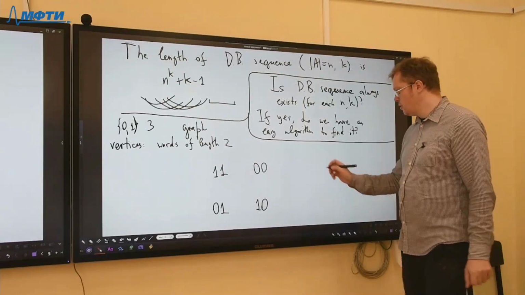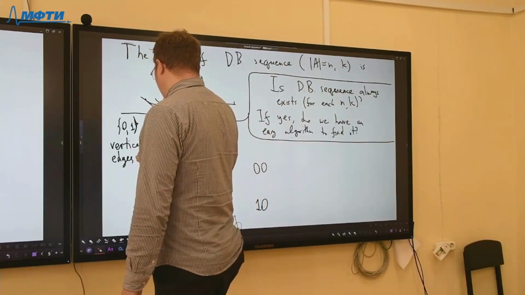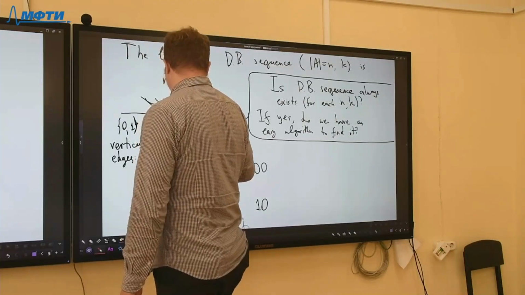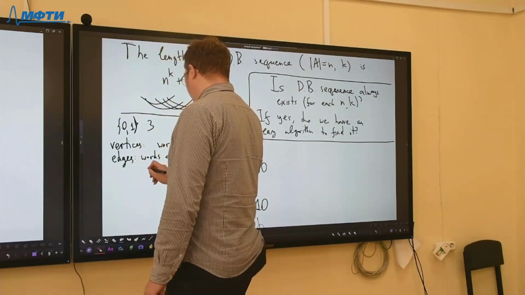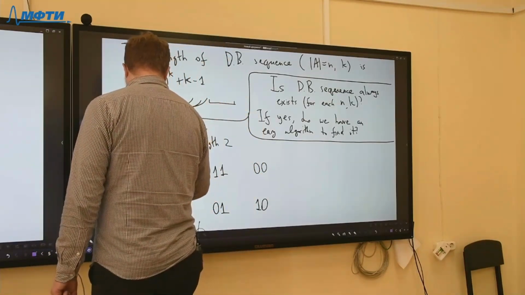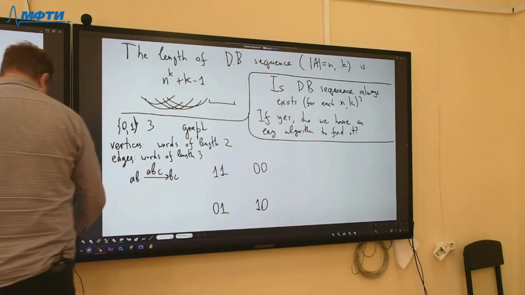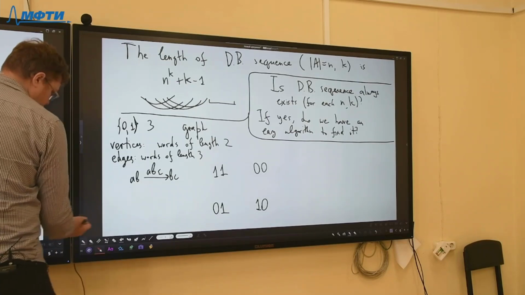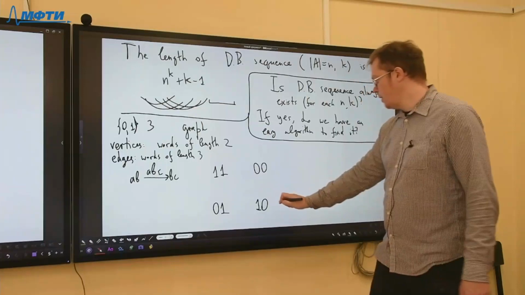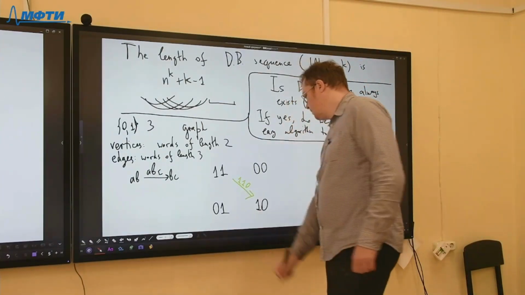So edges will be words of length 3, and if I have ABC, then it is a connection between AB and BC. So I will try to illustrate this in the picture. For example, 1 1 and 1 0 will be connected by the word 1 1 0.